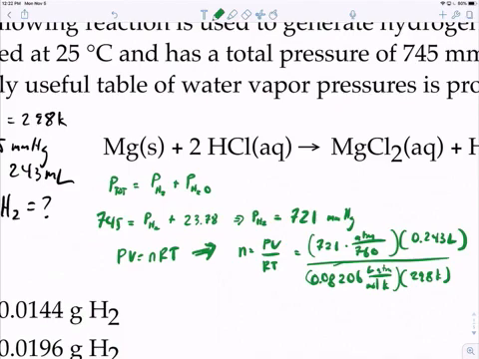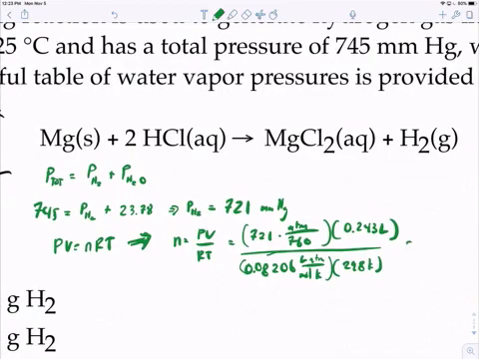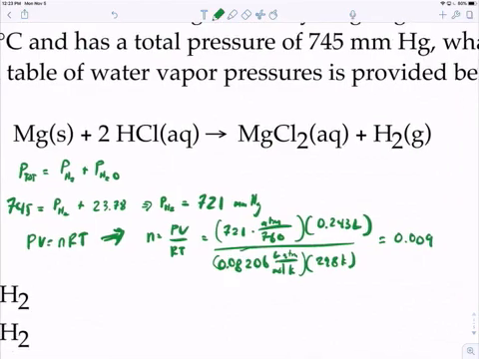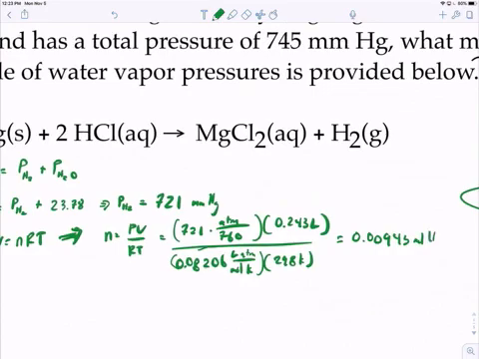So 721 over 760 times 0.243, divided by 0.08206 times 298, equals 0.00943 moles of hydrogen.